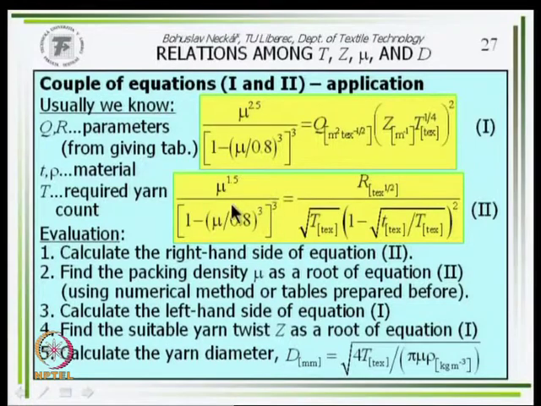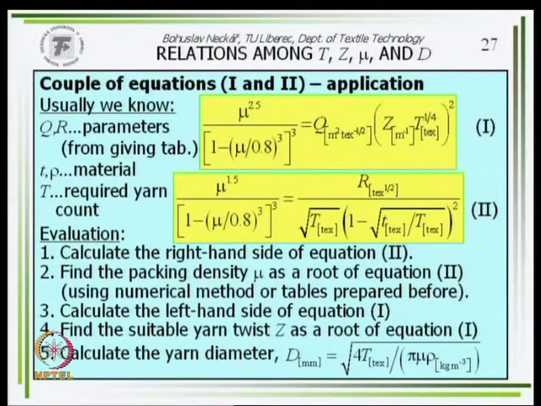Then we know mu. Point 3, calculate the left-hand side of equation 1. We know mu, so we can calculate the left-hand side value. And point 4, find the suitable yarn twist Z as a root of equation 1. We know all the right-hand side, Q, yarn fineness, so Z is trivial to evaluate explicitly, isn't it?